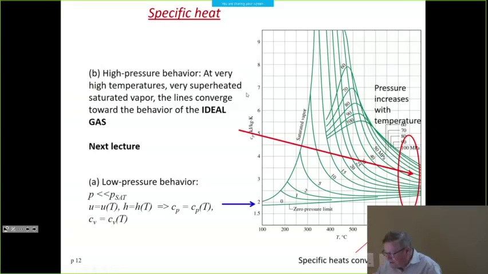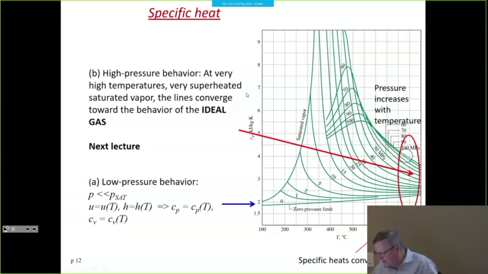So now you can see that these specific heats at the lowest temperatures all tend to come together. That is going to be the limiting behavior for the incompressible fluid. This is the range where the fluid is incompressible. But on the other side, these lines also come all together at the highest temperature range. So this is going to be the limit.